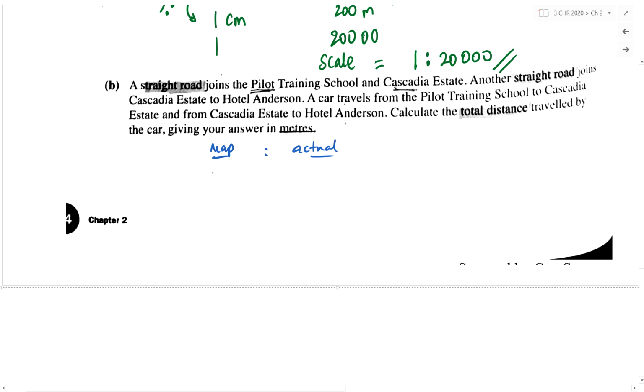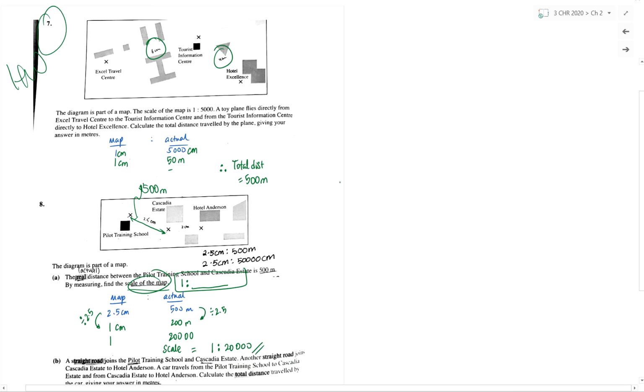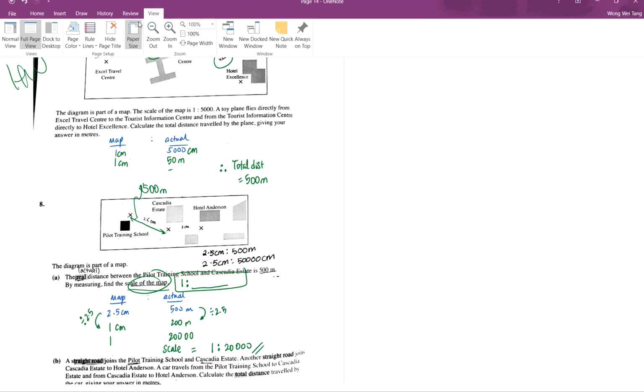On the map, 1 cm represents 200 meters. We got it earlier on in the previous question. And on the map, instead of just 2.5 cm, it becomes 4.5 cm.